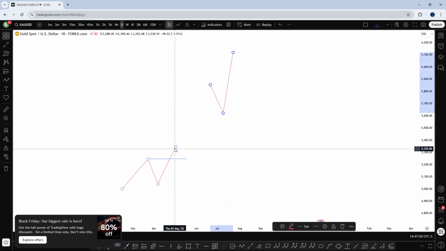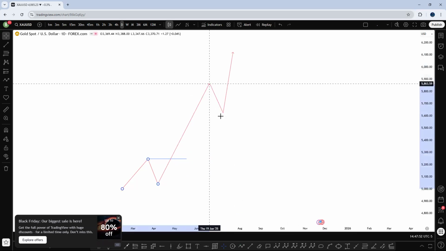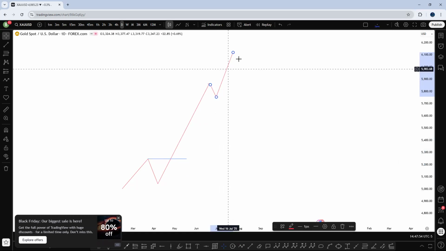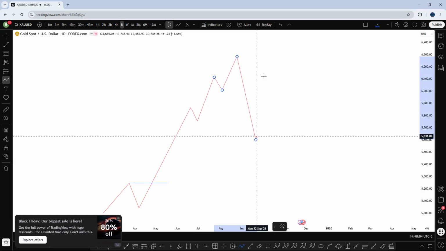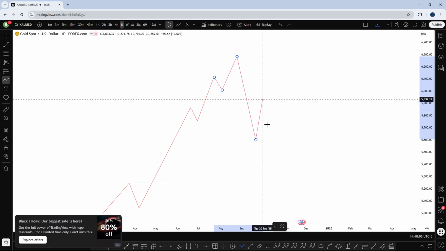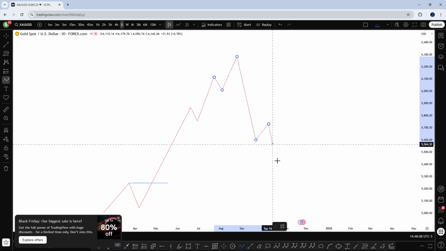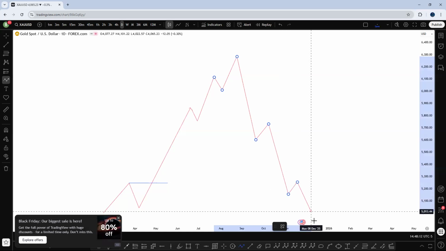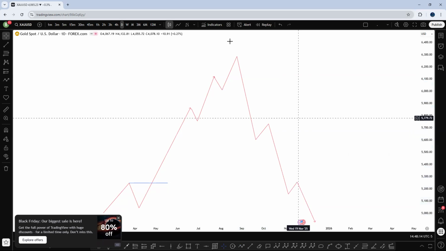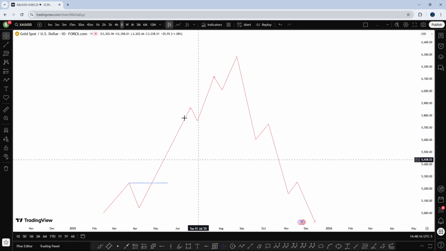Price keeps trending, and it creates a pullback here. Keeps trending, a pullback. Price breaks the structure. You are waiting for price to come back here. It doesn't come. Price going down. You finish the whole day without any setup.